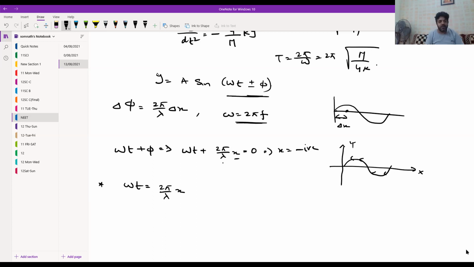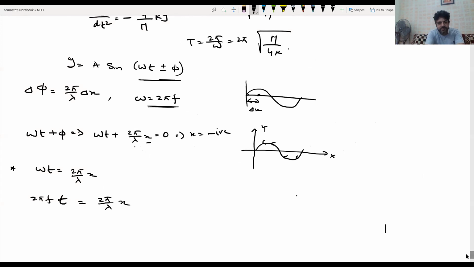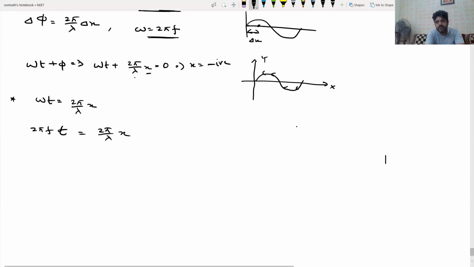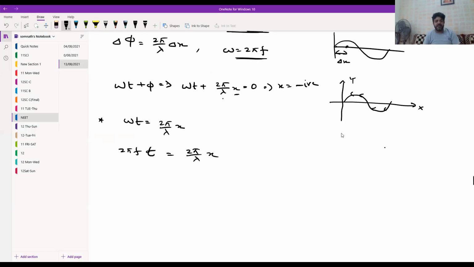So what do you mean by omega? 2 pi frequency times t equals 2 pi by lambda into x.